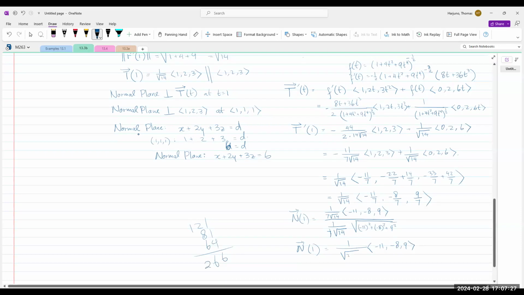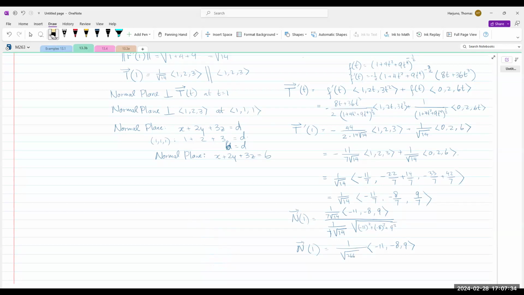Square root of 266. I don't know if I made any miscomputation though. I hope not. Okay, I just keep on going. But I know technically I'm correct unless I made some miscomputation. But this normal vector here is now parallel. We can just say this is parallel to negative 11, negative 8, 9.